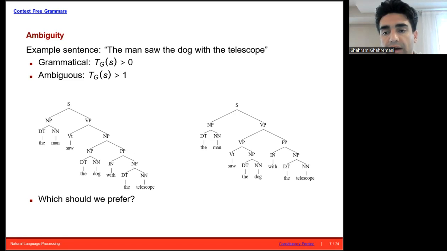Both are permissible. A verb phrase can have a prepositional phrase, as can a noun phrase. The grammar allows both. If it is part of the noun phrase that includes the dog, it's talking about a dog with the telescope, so maybe a dog has a telescope strapped to his back.